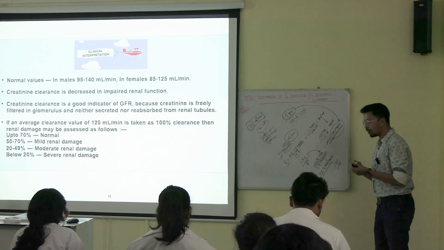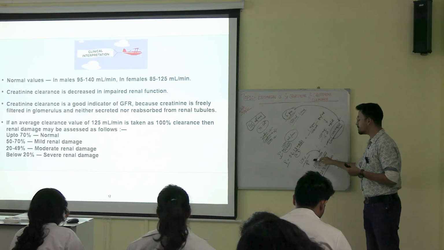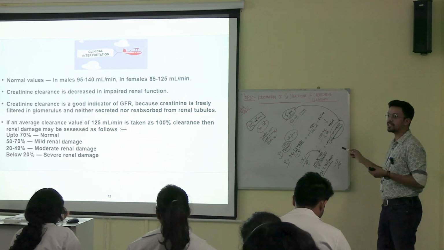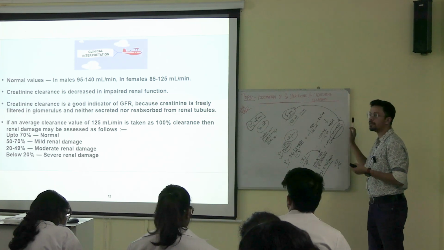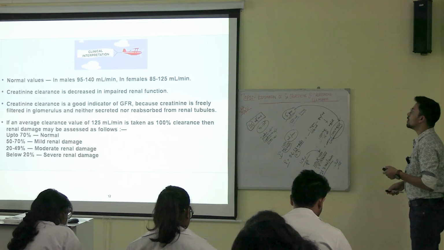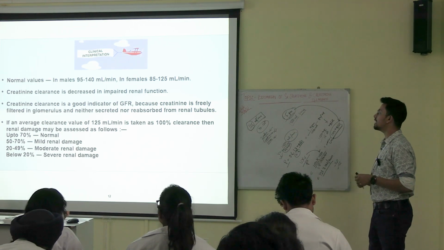ml per minute. Now why ml per minute? See, this is 100 mg per dl and this is 0.8 mg per dl. Both are getting cancelled, mg per dl are getting cancelled. Only ml per minute is remaining. Now over here, 85 to 125 ml per minute, and creatinine clearance is decreased in case of renal impairment.